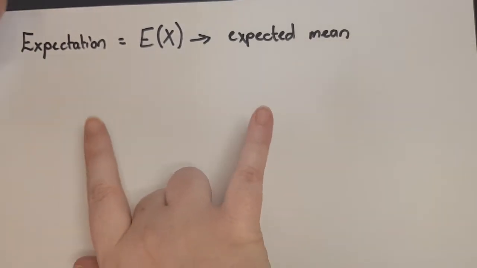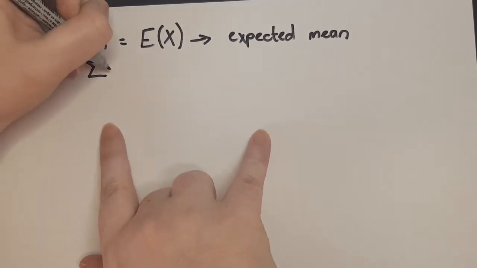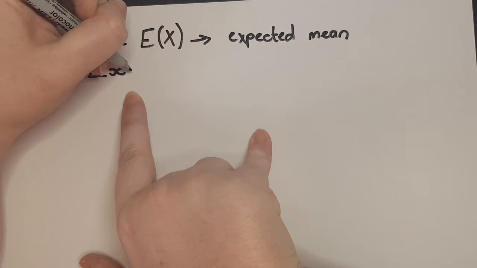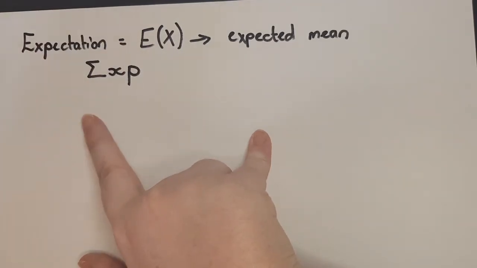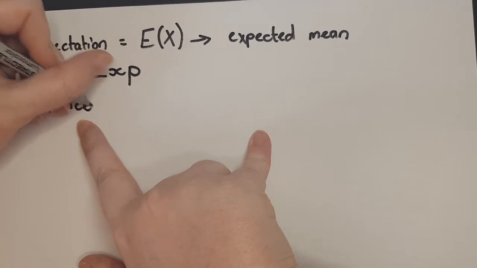And the formula for that is going to be the sum of each individual value for X times its individual probability. The variance is exactly the same as when we calculated it last year.